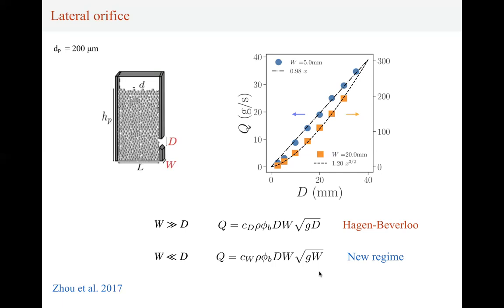Here you are considering the continuum flow regime, which is normally also considered for orifices at the bottom of the silo. But I was wondering, is there a limit, as in the case of the bottom of the silo, for the size of W and D to have a continuum flow, or are you always here for a large value of W compared to the grain size?